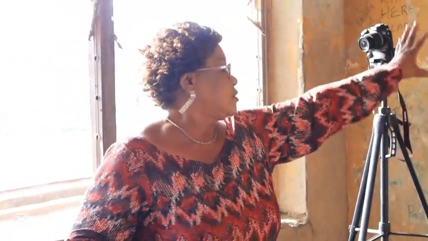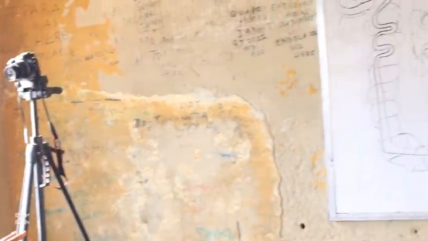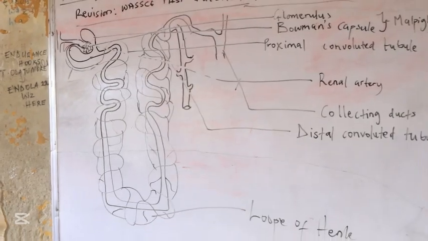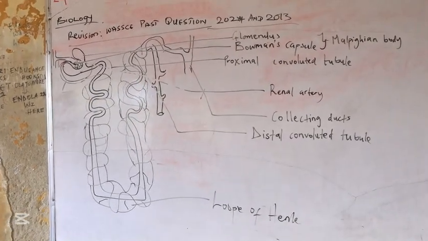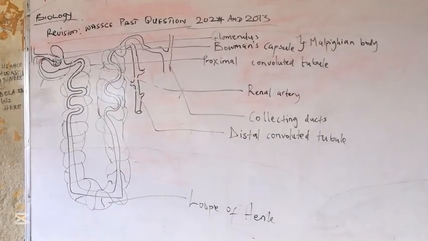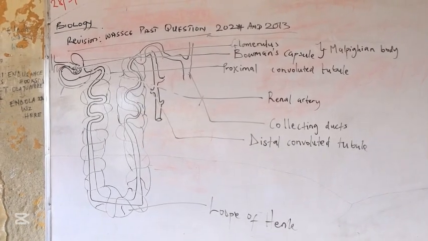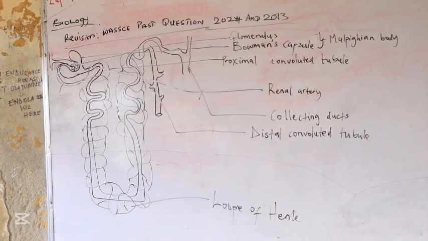Bishop, what's the structure? What's the structure? This structure? The nephron. I will call it urinary tube. I will call it uniferous tube.